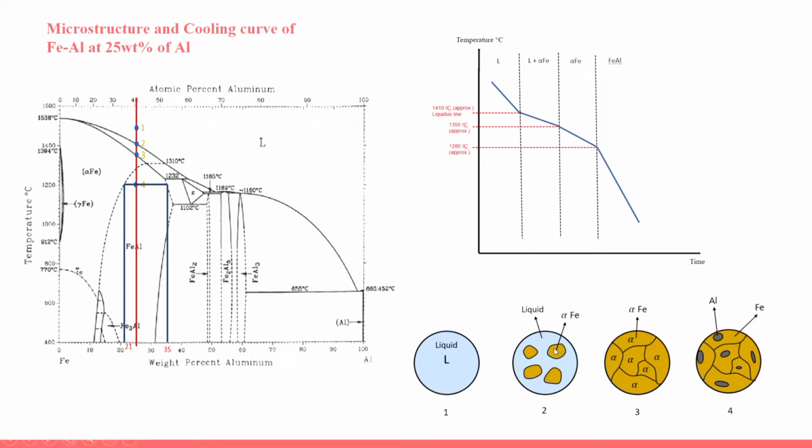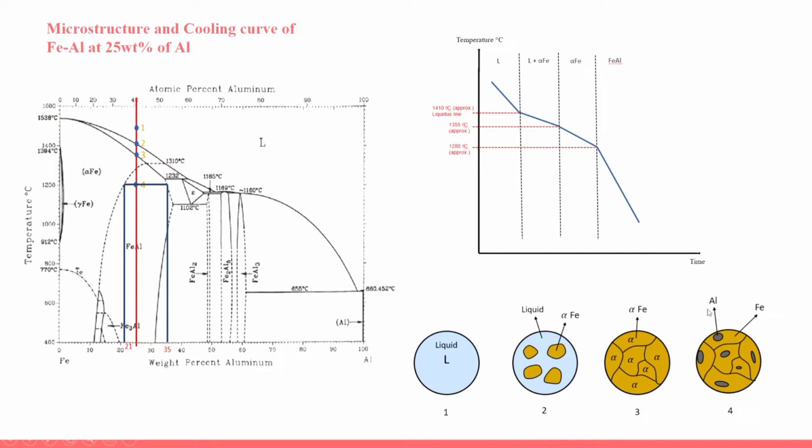And when the temperature drops to point 3, which is the solidus line, around 1355 degrees Celsius, there will be no more liquid and the microstructure transforms to become fully alpha. And last, when the temperature drops again to around 1200 degrees Celsius, the aluminium starts to form and the microstructure exists as iron aluminium or FeAl.